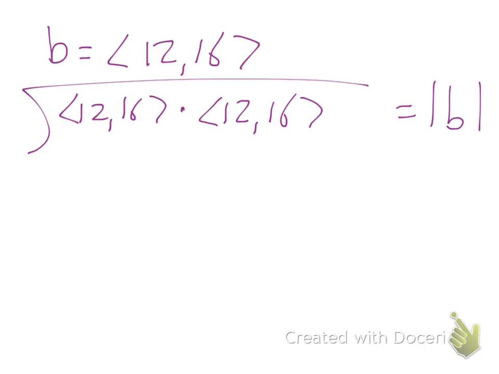And when I do the dot product with 12, 16, 12, 16, I end up with the square root of 12 squared plus 16 squared.